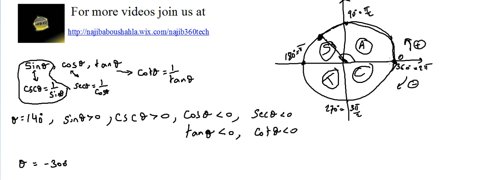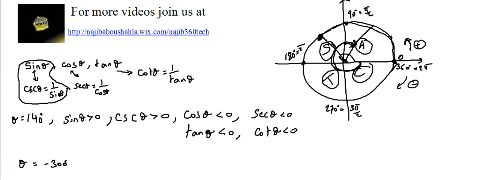This is 0, so we go to negative 90, negative 180, negative 270, and 30 more. Negative 300 is the angle from here to here. So all of them are positive: sine, cosine, secant, cosecant, tangent, and cotangent.